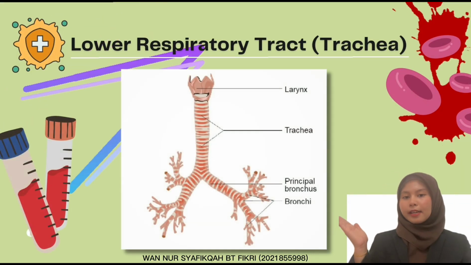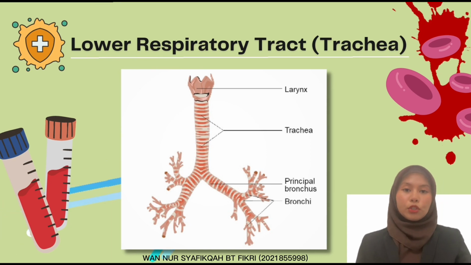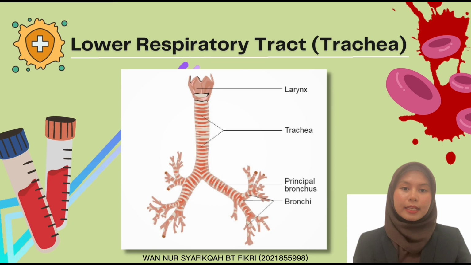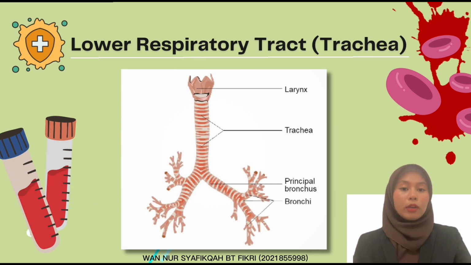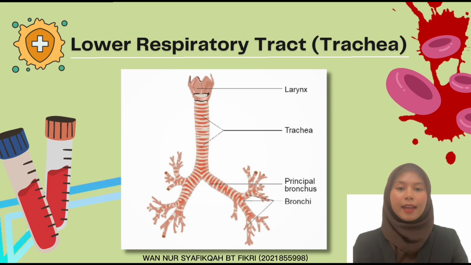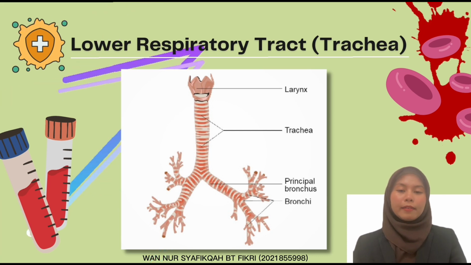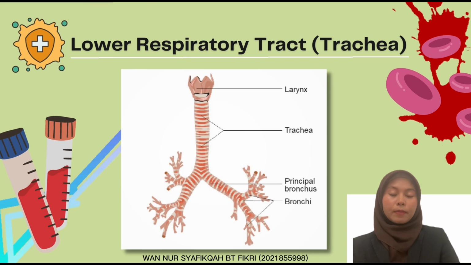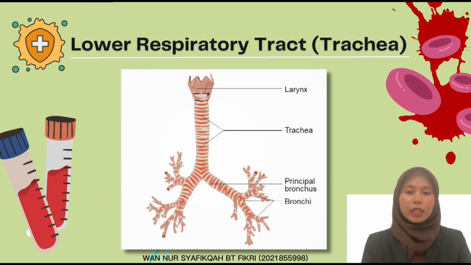Next is the trachea. The trachea is a tube less than an inch in diameter, covered by cartilaginous rings. It is located at the bottom of the larynx, down behind the sternum, until it branches into smaller tubes, the bronchi. During inhalation, air filtered and warmed by the upper respiratory system passes from the pharynx and larynx into the trachea.